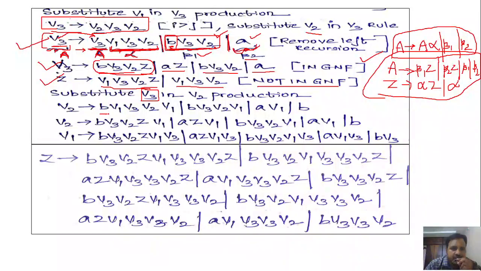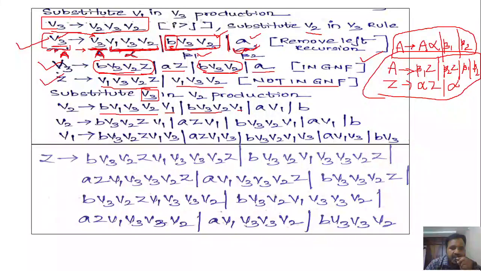So here, B V3 V2. Substituting in place of V3, you will get another alternative, B V3 V2 V1.